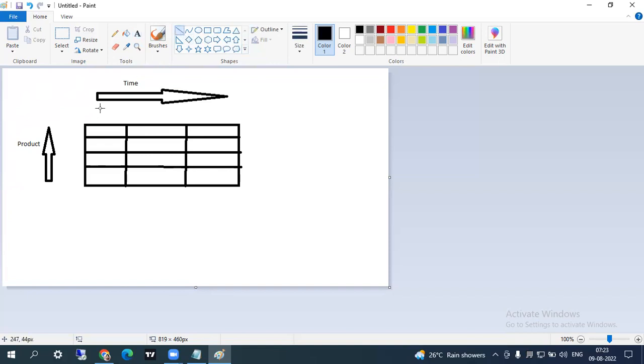Suppose I add another dimension. I want to see the location dimension also in this table.